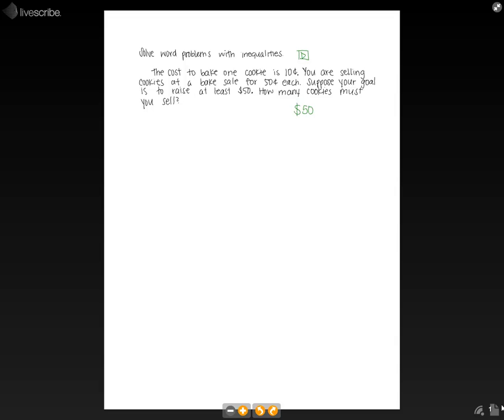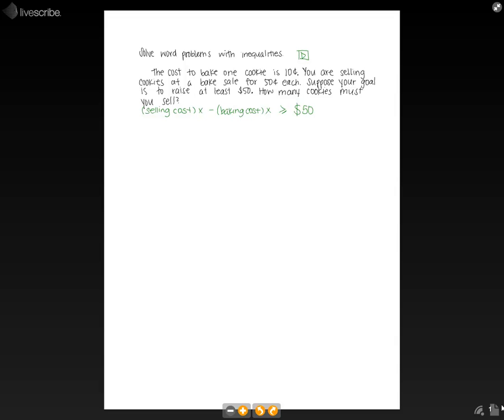So we're going to have our selling cost, and then we're going to have times the number of cookies we sell, which we'll call X, minus our baking cost times the number of cookies we bake, which will also be X. And we know that since we want to raise at least $50, that means it's greater than or equal to.